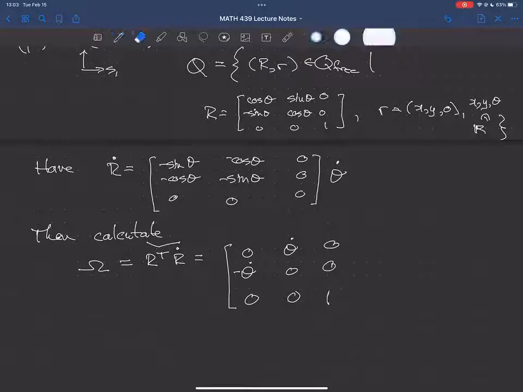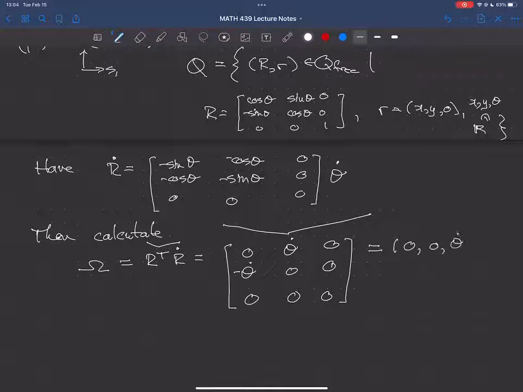Again, it checks. And if you look at the rule for the hat map, which takes an element of little so3, which is a skew symmetric 3x3 matrix, and returns a 3 vector, you'll remember the third component was here, the second component was here, and the first component was here. So when you translate it into a 3 vector, it is 0, 0, theta dot.